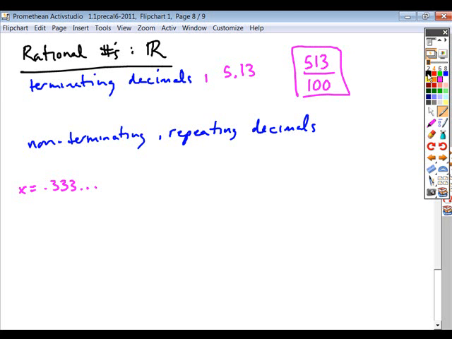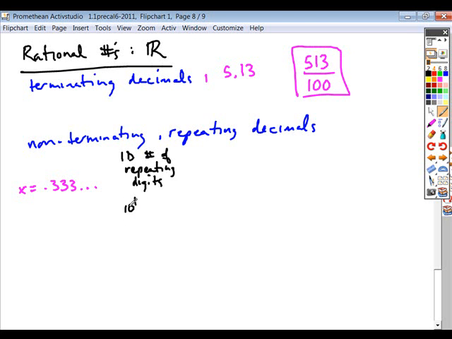Next, what you're going to do is you're going to identify the number of repeating digits. Okay, how many digits repeat in this decimal? Just one, right? Just the digit 3. So what you're going to do is you're going to take that number and you're going to put that as a power to 10.